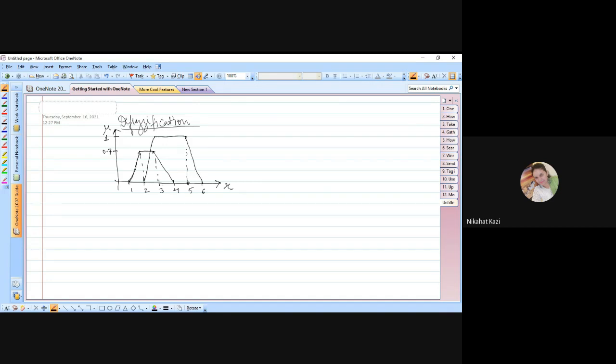So these are the two fuzzy sets which are given, and you have to apply all the defuzzification methods. Okay. So we start with which one? We'll start with the simplest method that we can have. Which method?